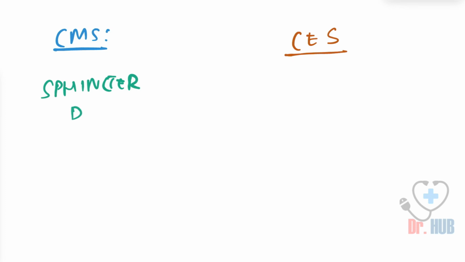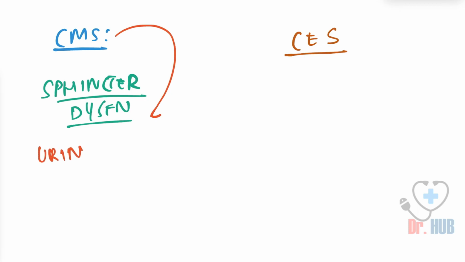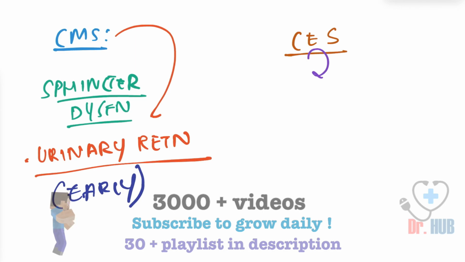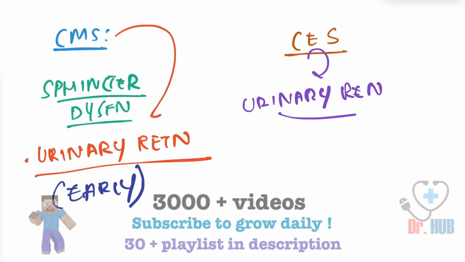In terms of sphincter dysfunction, under CMS there is urinary retention, and this presents early in the disease course. Next, in CES, cauda equina syndrome, there is again urinary retention, and this presents late in the course of disease.